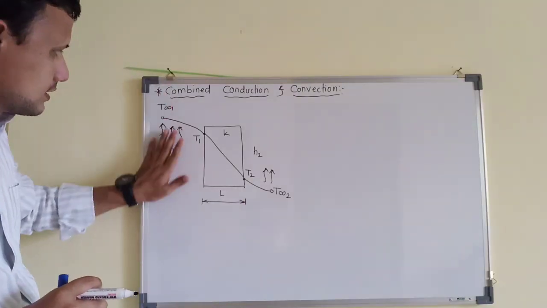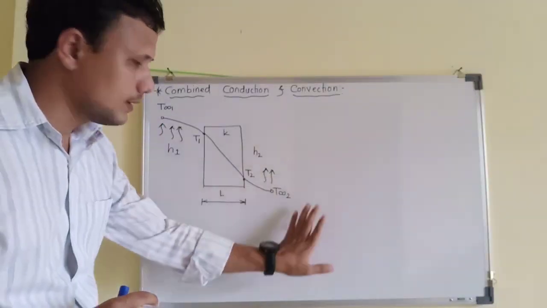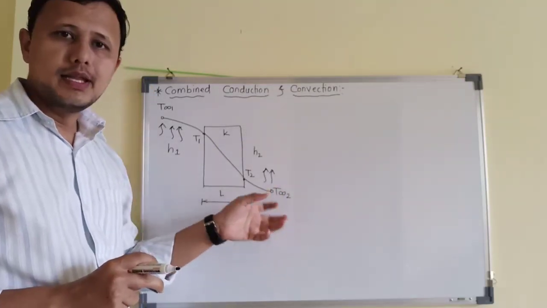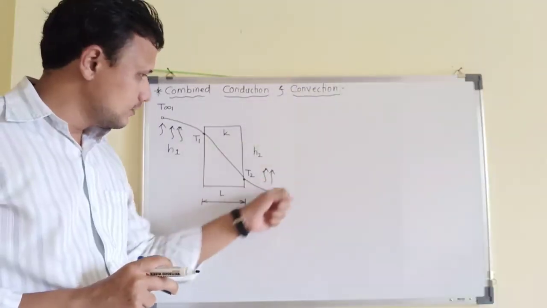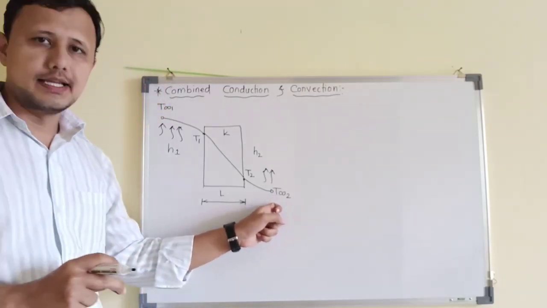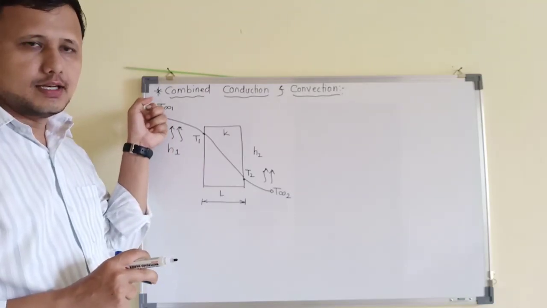The outside of the refrigerator is exposed to the ambient environment, which is somewhat higher than the inside temperature. It is very natural because we are storing our food articles, milk, vegetables, fruits inside the fridge. That's why the temperature of air inside the refrigerator is less, while the temperature of the outer atmosphere is comparatively large.